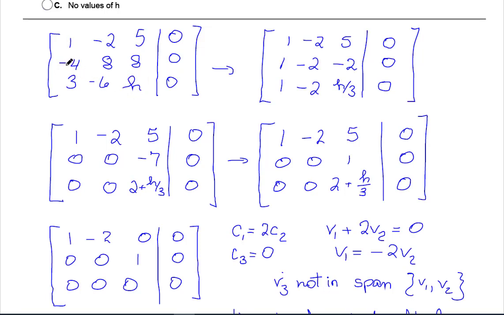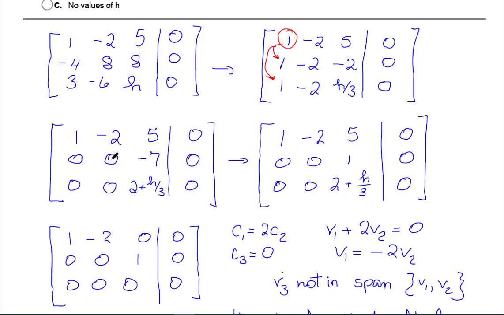All right, so let's see, row 2, I see I can divide that by -4. Row 3, I see I can divide through by 3. All right, so now the goal is to use this 1 and make some zeros. So we do that, and in the process, I see the following.